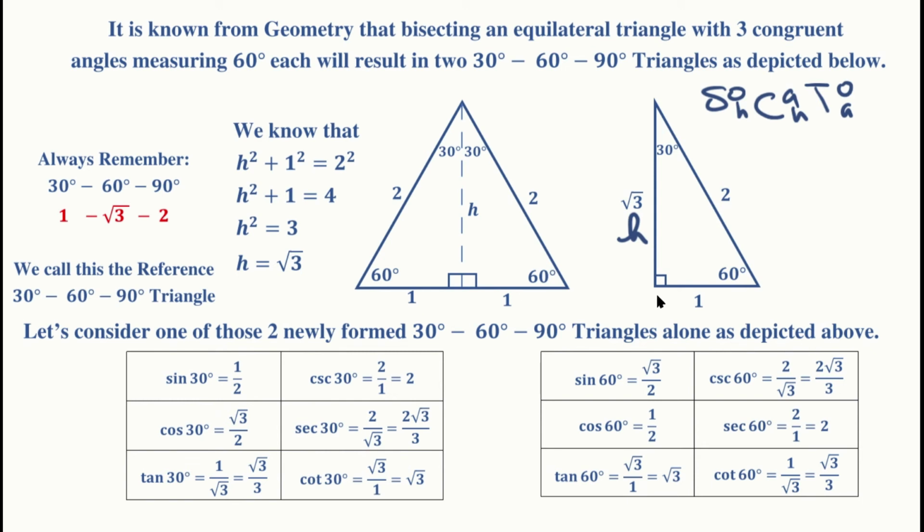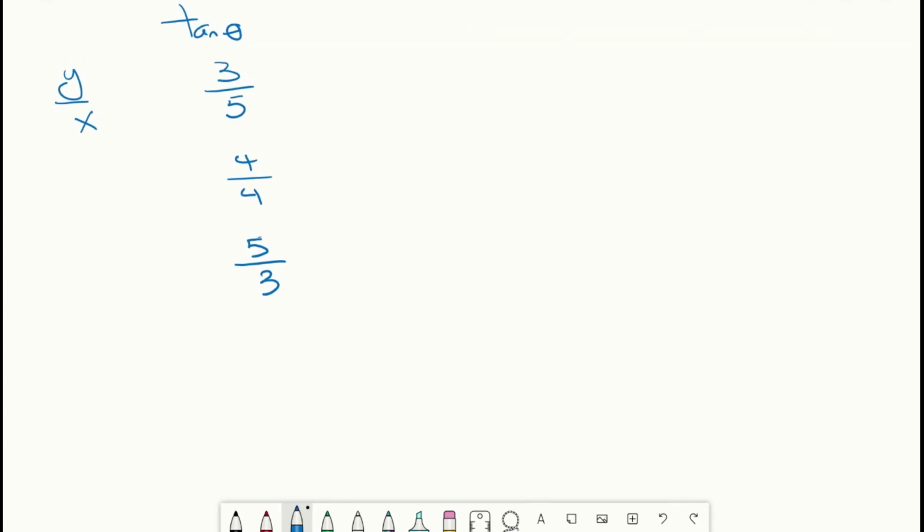Cosine is going to be adjacent over hypotenuse, so square root of 3 over 2. Tangent is going to be opposite over adjacent, so 1 over square root of 3. Now, you should be familiar with both that as well as the rationalized form. Let me show you over here.